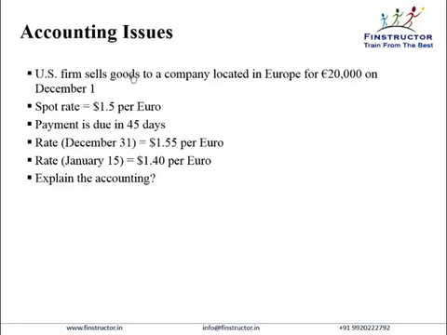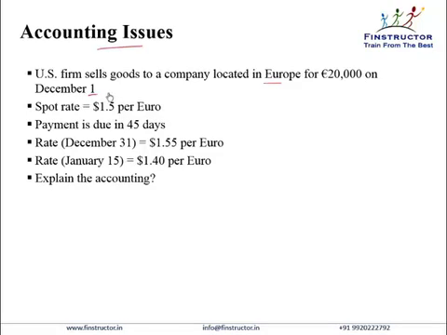So we'll look at an example to understand the accounting issues in a little more detail. Consider, for example, that a US firm sells goods to a company located in Europe for euro 20,000, and this transaction is done on 1st of December. The spot rate at this time is $1.5 per euro.